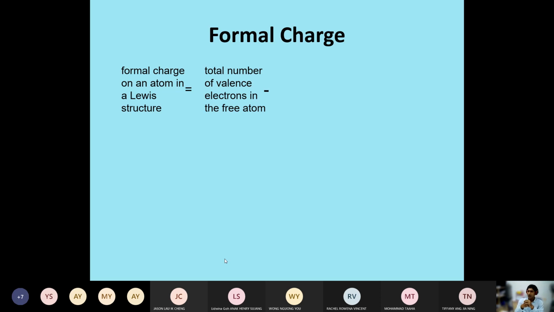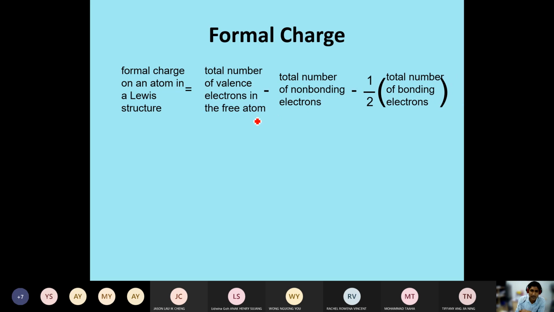And it can be calculated from this formula: the formal charge on any atom involved in this Lewis structure is the total number of valence electrons of that atom, minus the total number of non-bonding electrons in that structure, that is, after the structure has been formed, how many non-bonding or available electrons it has, minus half of the total bonding electrons.